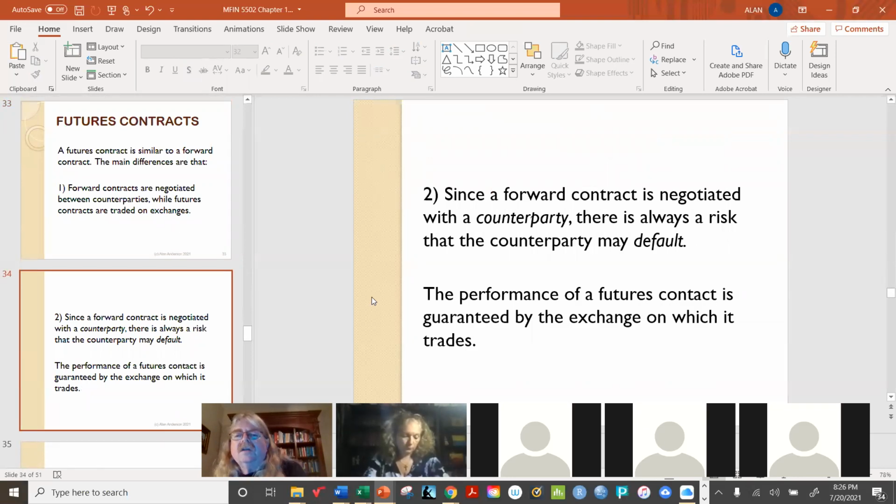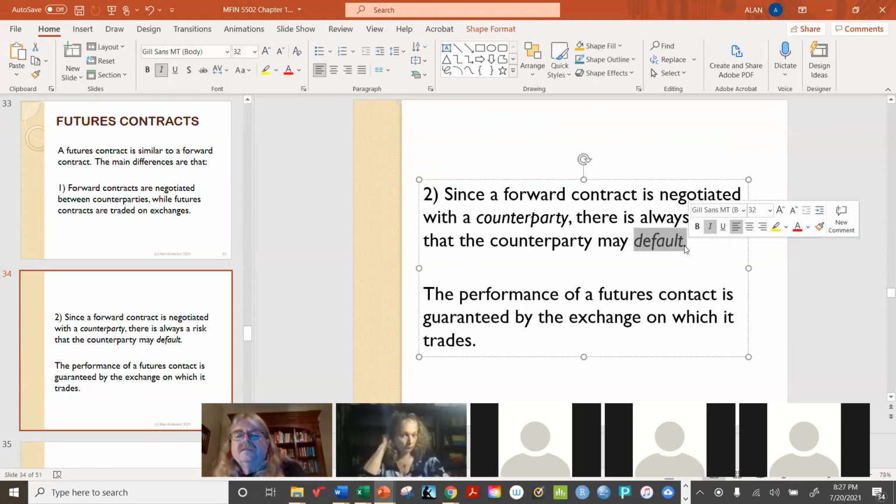Now, because the forward contract is negotiated with a counterparty, there's always some credit or default risk. So for example, what if I bought one of these from Lehman Brothers? I guess it would have been in the spring of 2009, maybe. What happens when Lehman Brothers goes out of business?